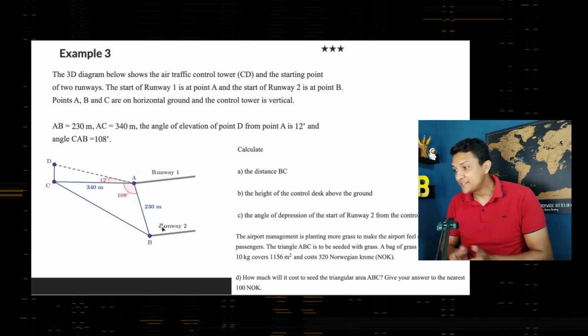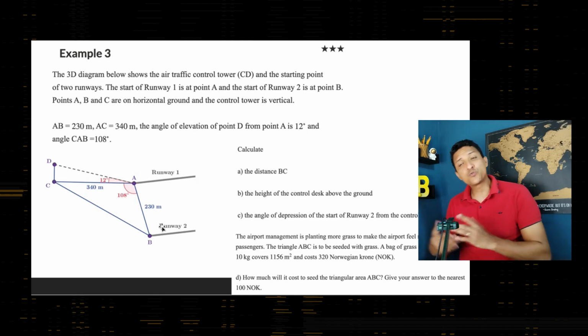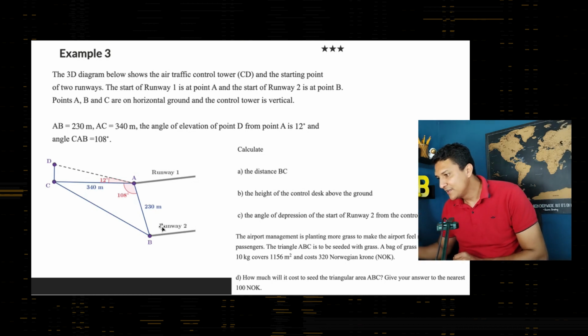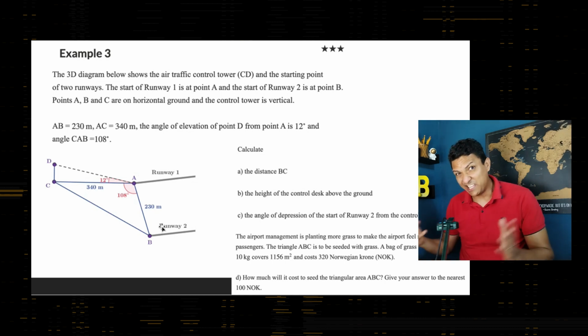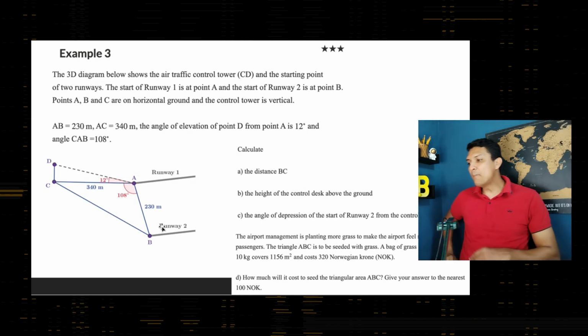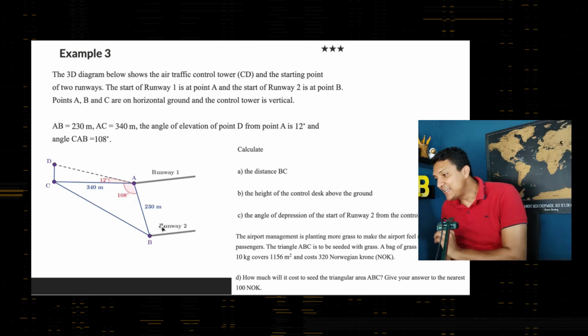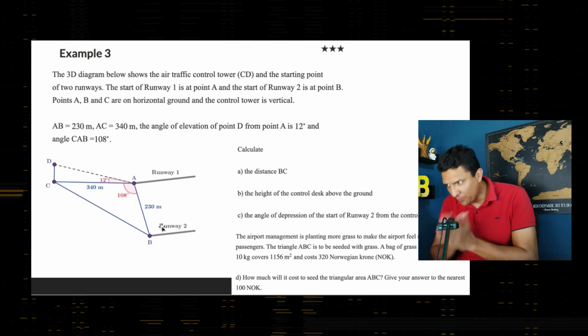A bag of grass seed weighing 10 kilograms covers 1,156 square meters and costs 320 Norwegian krone. How much will it cost to seed the triangular area ABC? Give your answer to the nearest 100 Norwegian krones.